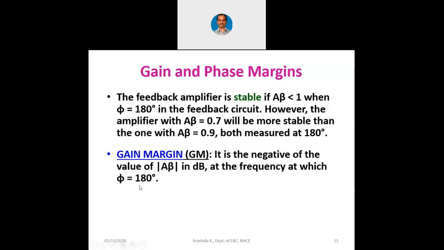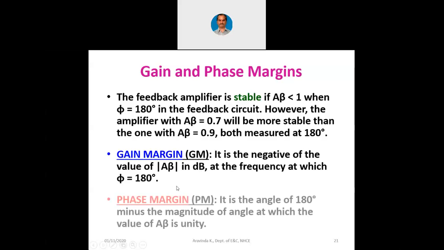In the next slide, I am going to show you the diagrams. Look at this. The gain margin is the negative of the value of A beta. We already know A beta should not be equal to minus 1. So, modulus of A beta, then put a minus sign, that is the gain margin at the frequency at which the phase shift is 180 degrees.